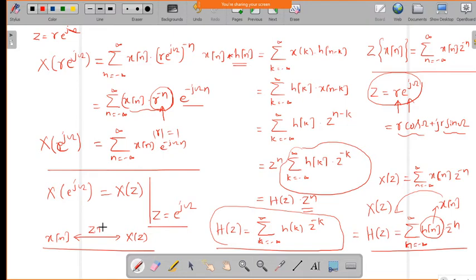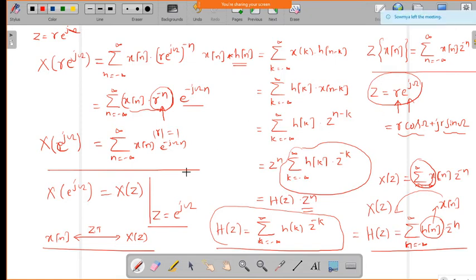Now for this z transform, since we have an infinite sum here, in order for the z transform to exist, the summation should converge and it should be absolute.